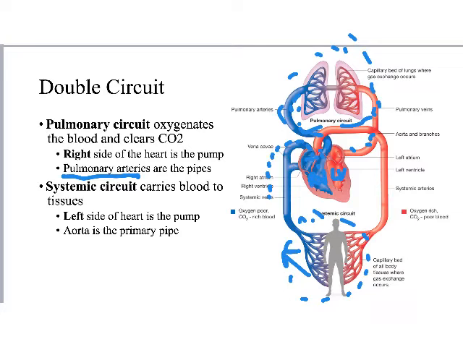And the primary pipe for the systemic circulation is going to be the aorta. We're going to see the aorta is really the king, or the master pipe, for the systemic circulation. Pretty much everything is going to come off of the aorta.